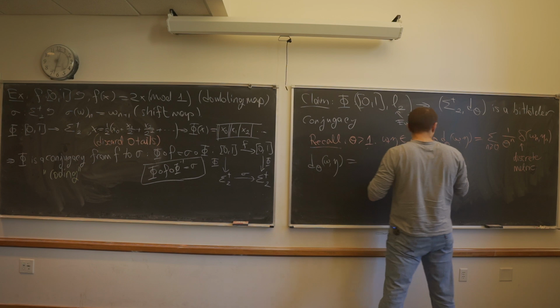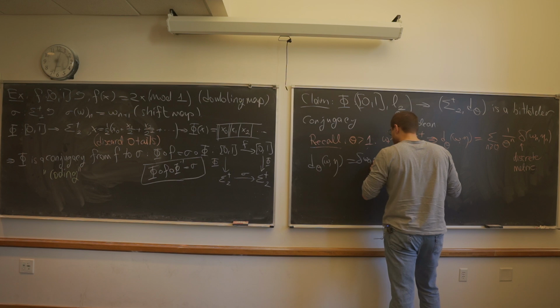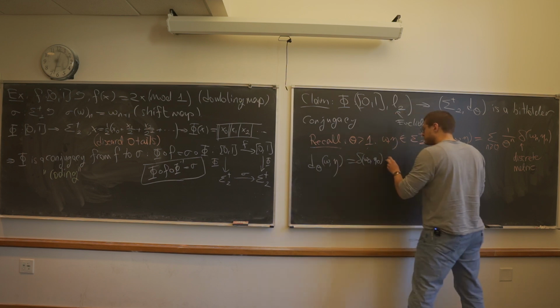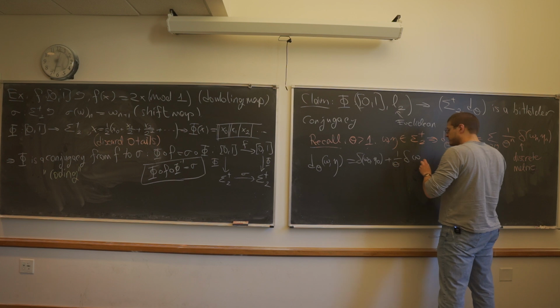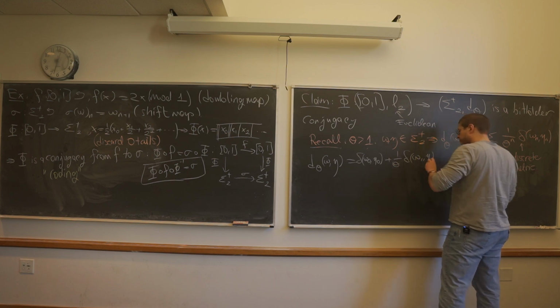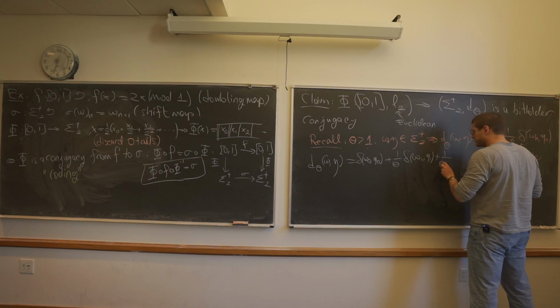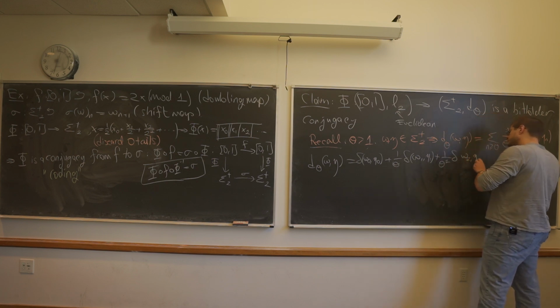So I need to start with this, and then 1 over theta delta of omega 1, eta 1, and then 1 over theta squared, delta of omega 2, eta 2, and so on.